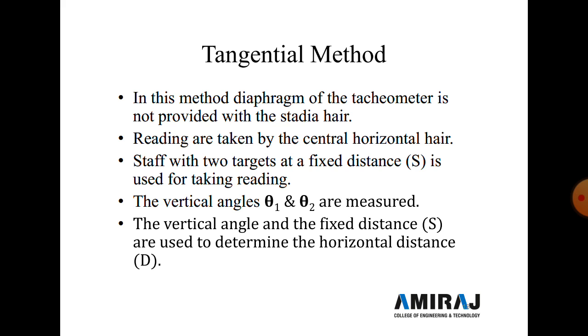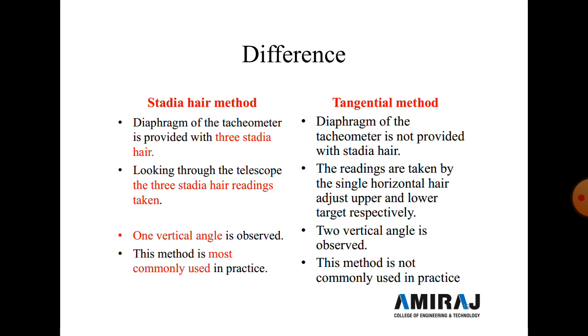In the next slide we discuss the tangential method formulas. The difference between the stadia hair method and the tangential hair method is also asked in GTU for 4 marks. In the stadia hair method, the diaphragm of the tachometer is provided with 3 stadia hairs, and in the tangential method the diaphragm of the tachometer is not provided with stadia hairs.